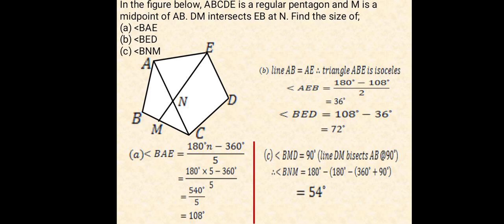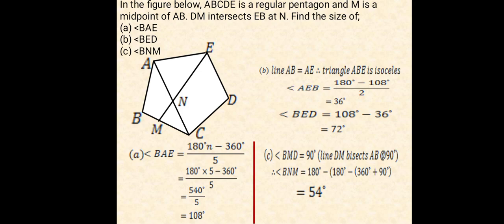Now this means that angle AEB we can get by taking 180 minus 108 degrees, divided by 2, to get 36 degrees. Now angle BED, we shall take 108 minus 36 degrees, and it is 72 degrees.